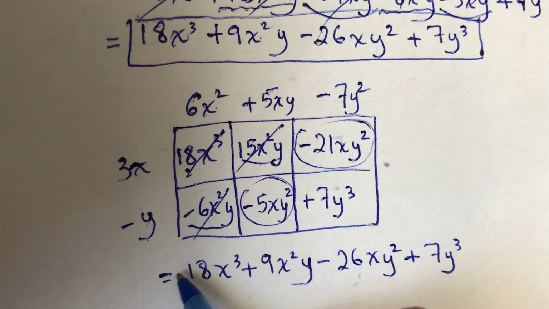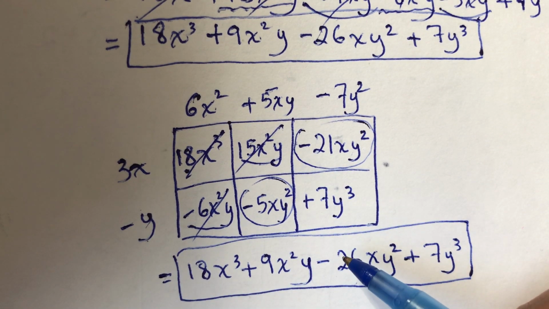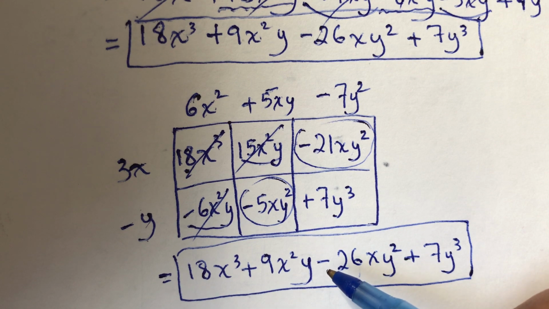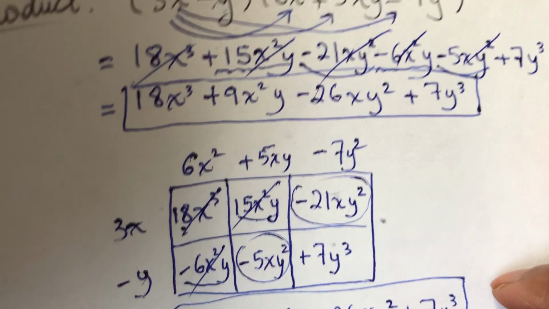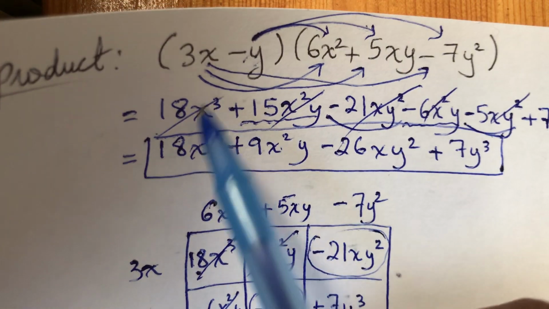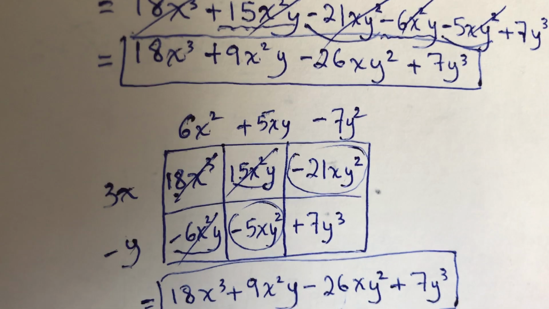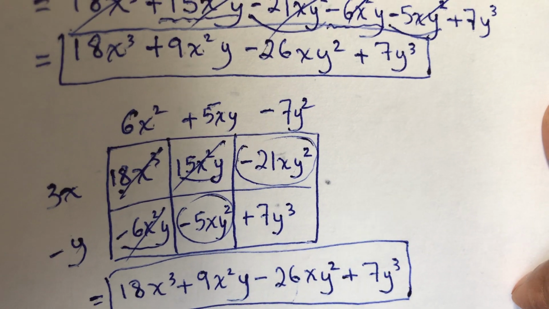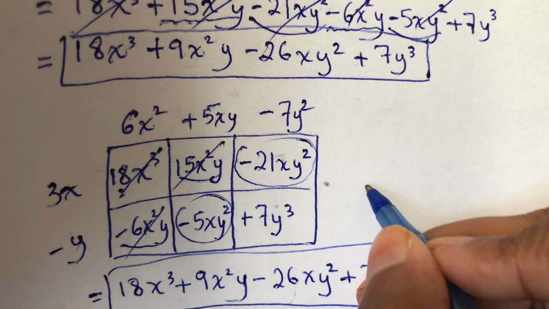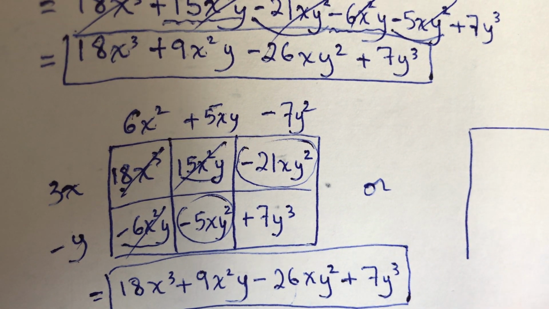And that is it. If you notice, the answer that I get using the box method is the same answer that I get using this method with the arrows. So it's really your choice, whichever works for you. You could have used a 3 by 2 as well if you want, but it should give you the same answer.